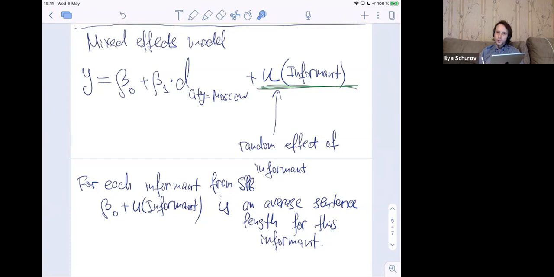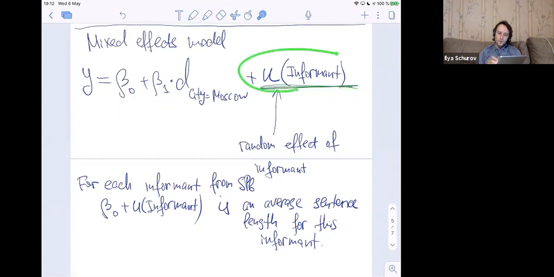Are there any questions so far? This is not very simple stuff. This is a rather theoretical model, and I don't want to discuss in detail how in this model we will find this beta naught and beta 1.